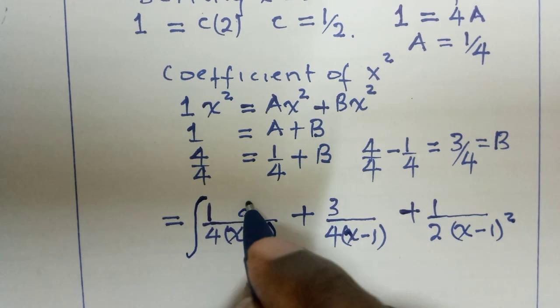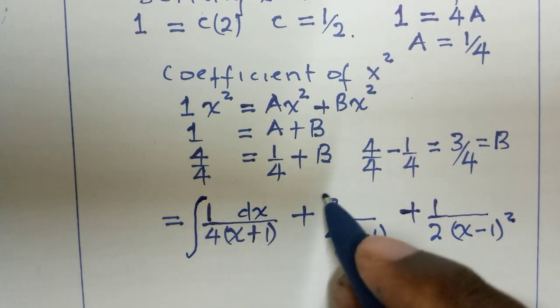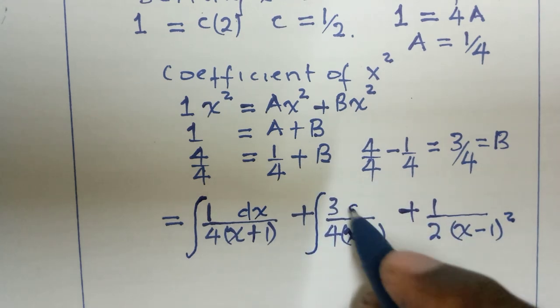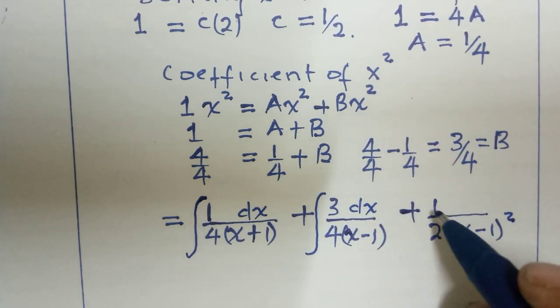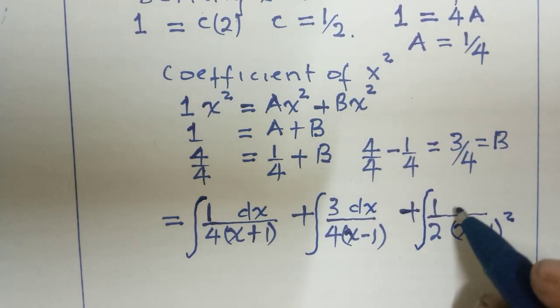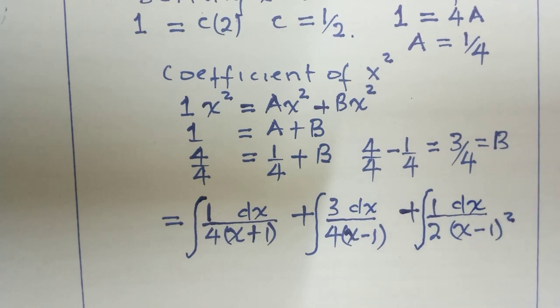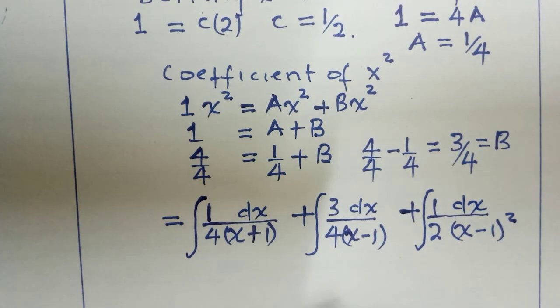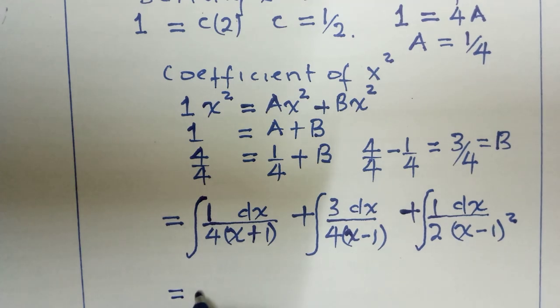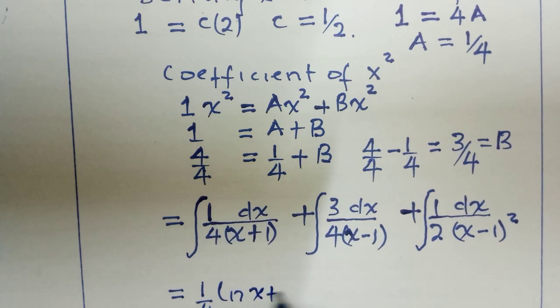That one dx, we integrate that one, put dx there. We integrate that one, we put dx there. So this one, guys, is going to add up to, for this one we get 1/4 ln x plus 1.